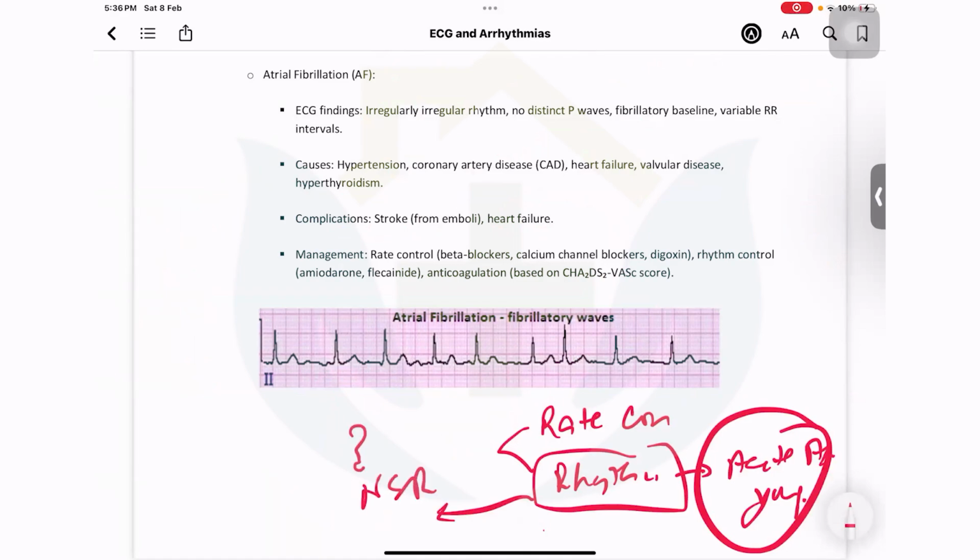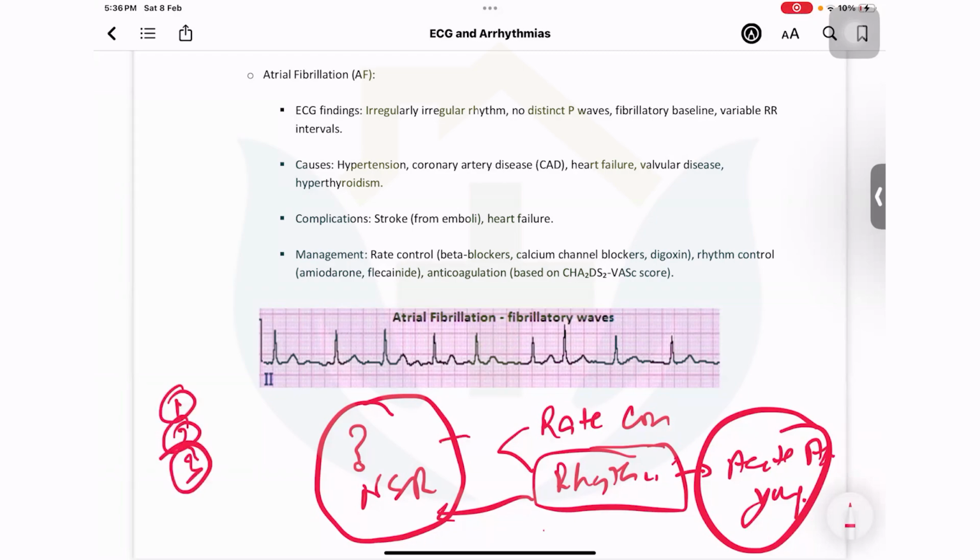Why? This is my question to everyone. Why should we aim to bring a patient of atrial fibrillation back into normal sinus rhythm? Give me 1, 2, 3 reasons. Anyone?